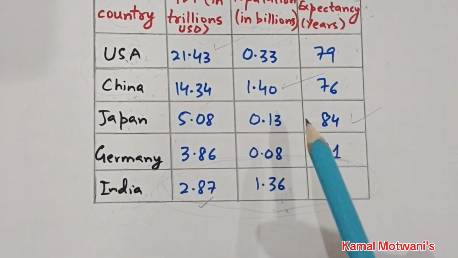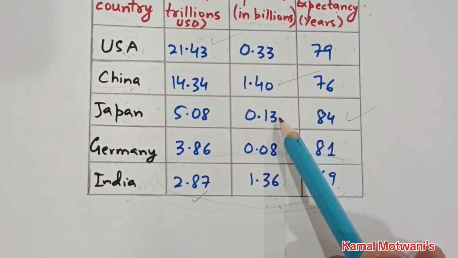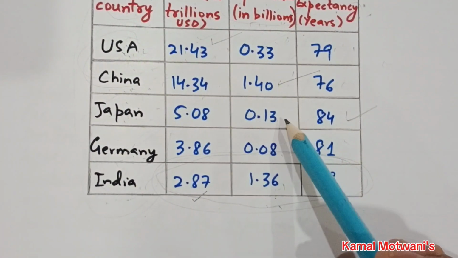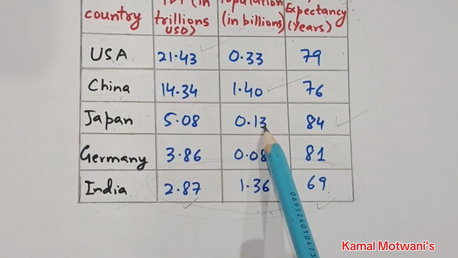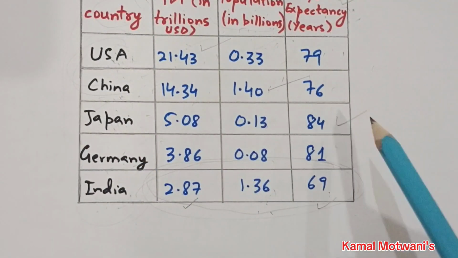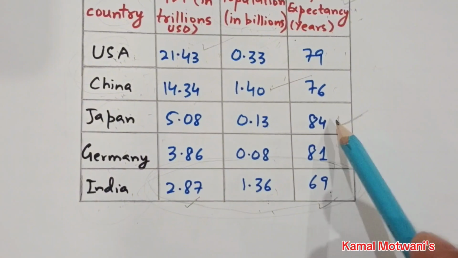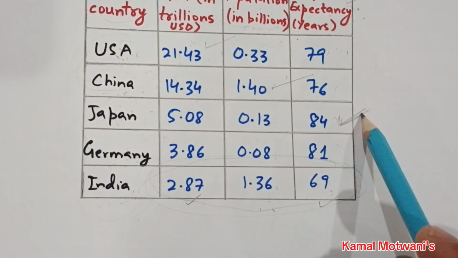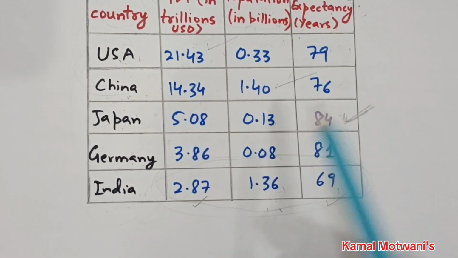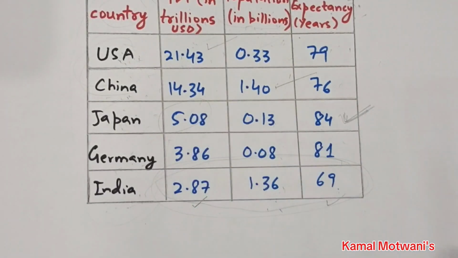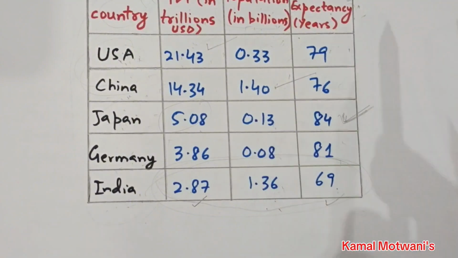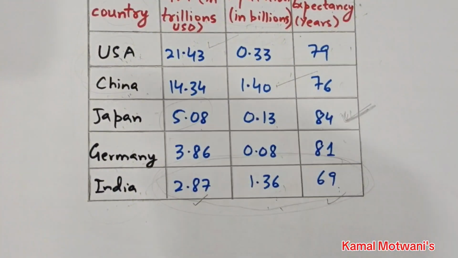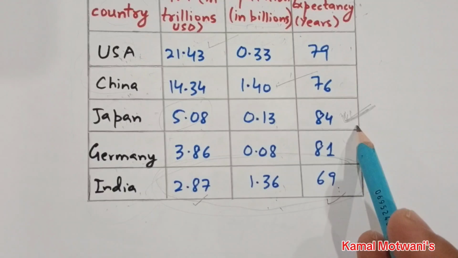Japan has a significantly lower population, but it has the highest life expectancy rate, with 84 years, and its GDP is moderate. So this is how they are not directly proportional. GDP is moderate, population is significantly low, and the life expectancy is of the highest years.